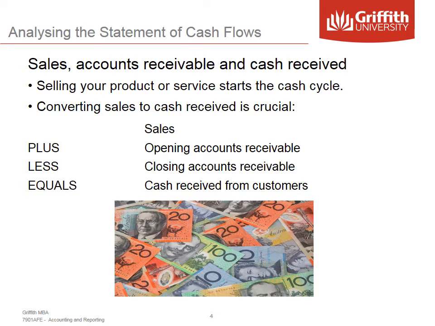And so we can reconcile the differences here by looking at, on the balance sheet, the accounts receivable figure when we started the year and the accounts receivable figure when we closed the year, and the sales figure. And using those three figures, we can work out how much cash we received from customers as opposed to the top figure there, which is the actual sales which were recognised and illustrated as the top line in our income statement.